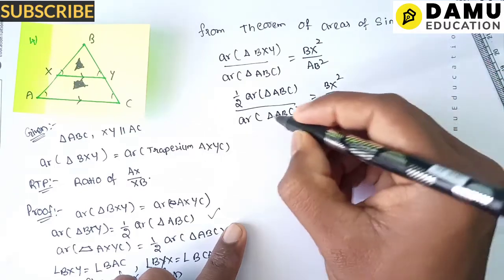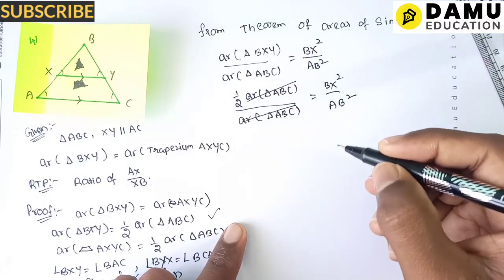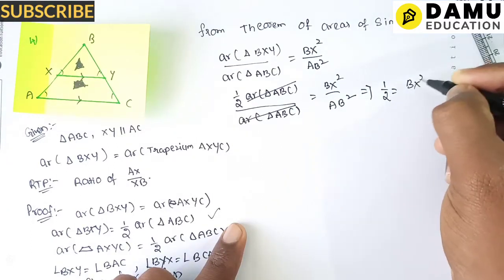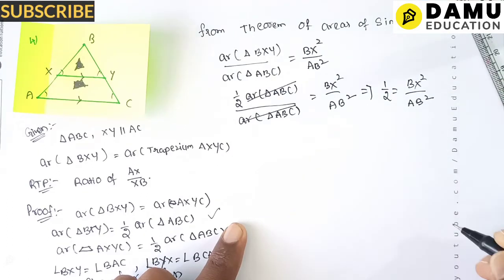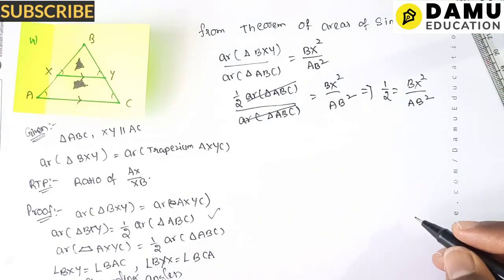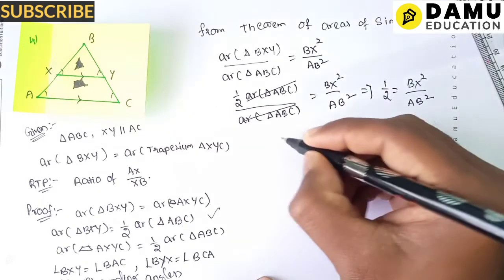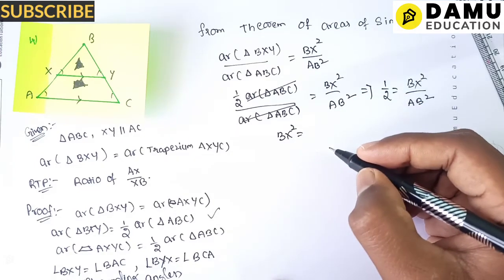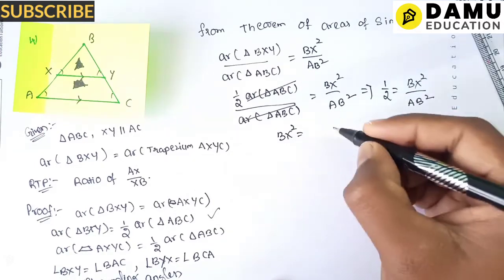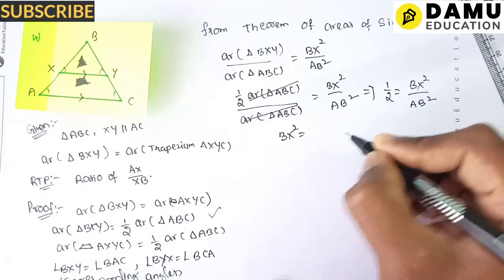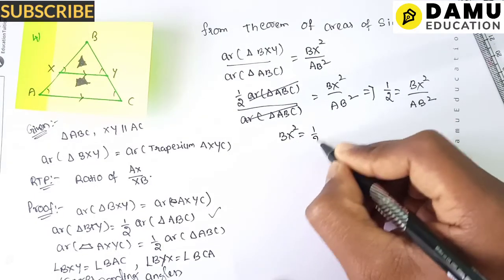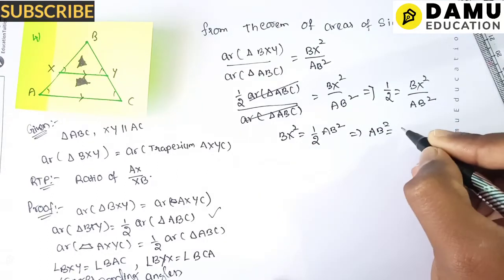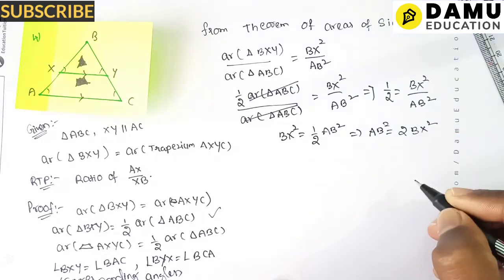If you cancel the area of triangle ABC, that implies 1 by 2 will be equal to BX square by AB square. Now shift this, so AB square will be equal to 2 into BX square.